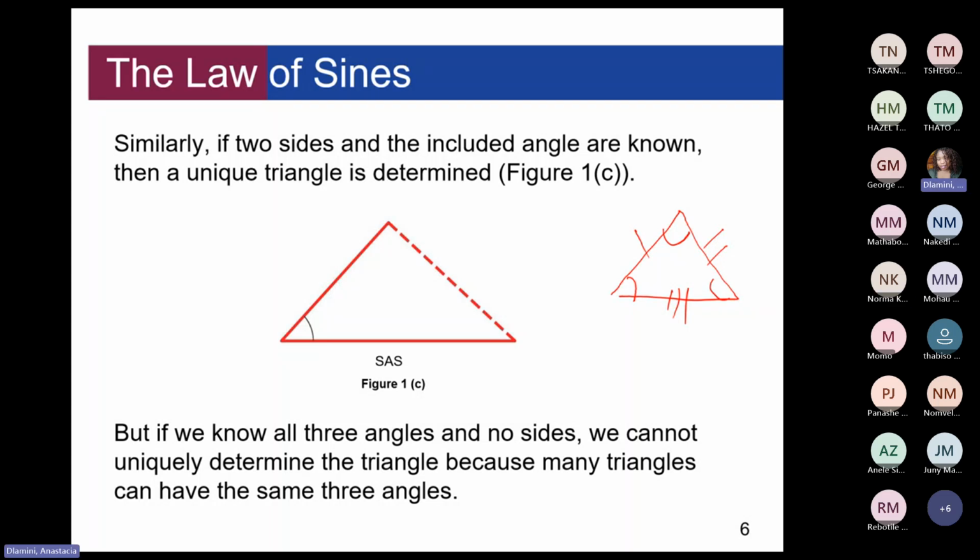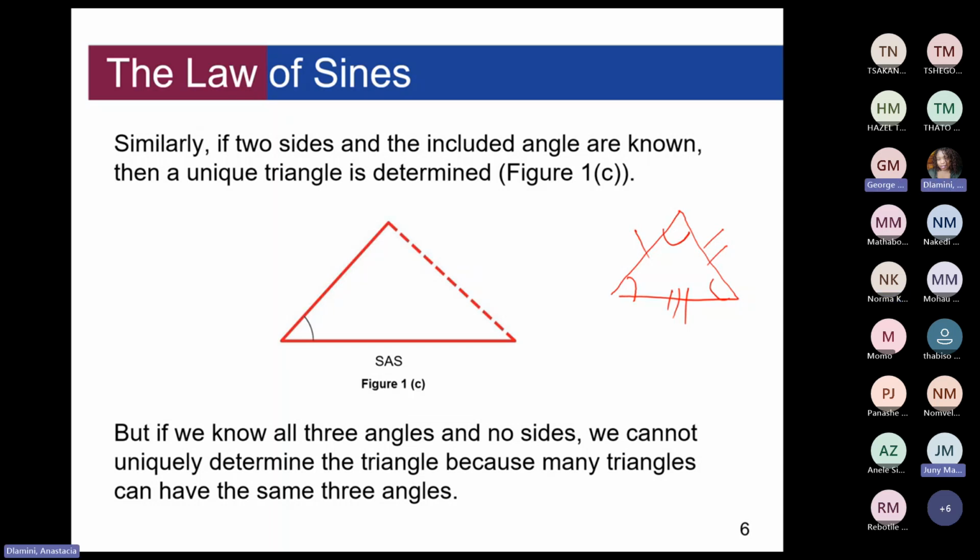You can form 15 or 3 or 2 triangles by just knowing the angles. So that's what they're saying: if we know all three angles and don't know any side, we cannot uniquely determine a triangle because many triangles can be formed from the same angles. Does it make sense or not?